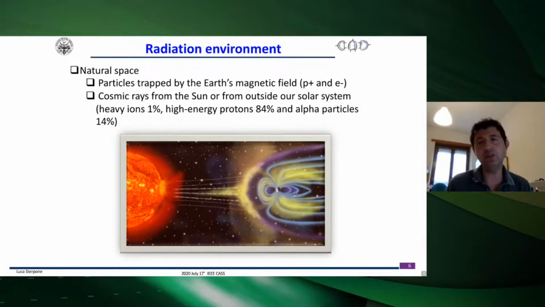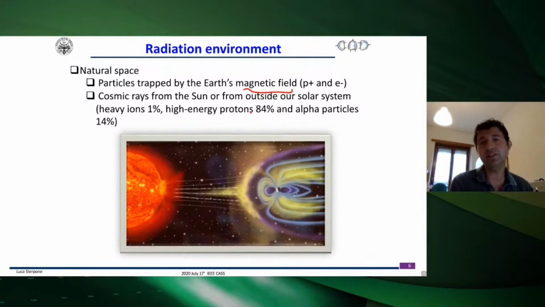So if we talk about electronics in aerospace, we first of all have to define the context of the radiation environment we are talking about. The radiation environment is natural space, so we have a lot of different types of particles. Some of them are trapped by the Earth's magnetic field, so they are at a given position in the atmosphere with respect to the Earth.